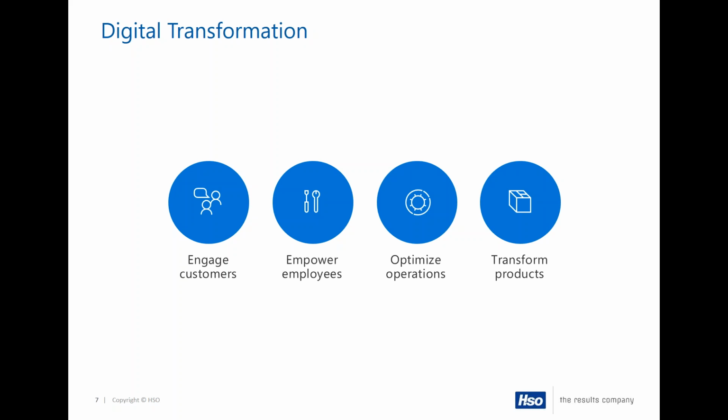And it is about optimizing your operations, so your logistics, production operations, other transport operations. We have a lot of examples available in which operations are optimized with the use of new technology in a way of digital transformation. And last but not least, transform your products, and not only products but also services.